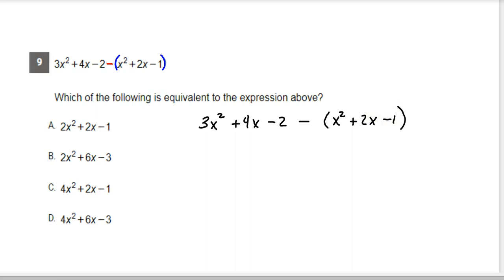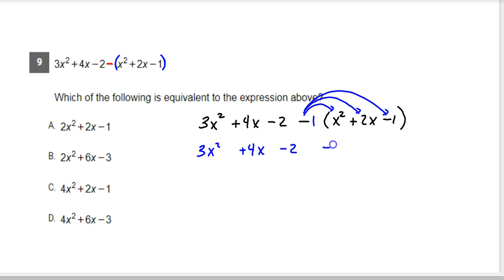However, sometimes I just don't like how the problem's written, and I need to quickly rewrite it to space it out how I like it. So whenever I see minus a parentheses, I put a negative 1 there, and I distribute that negative 1 all the way through everybody. So I copy it down, and I have 3x squared plus 4x minus 2.